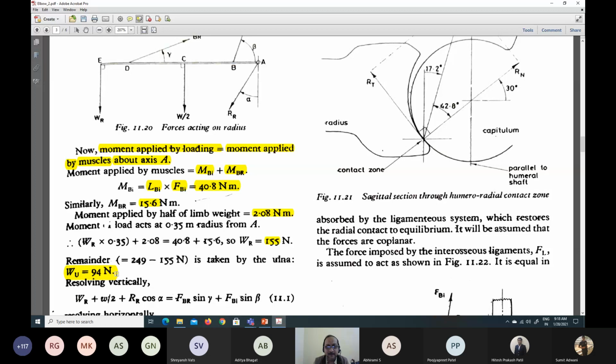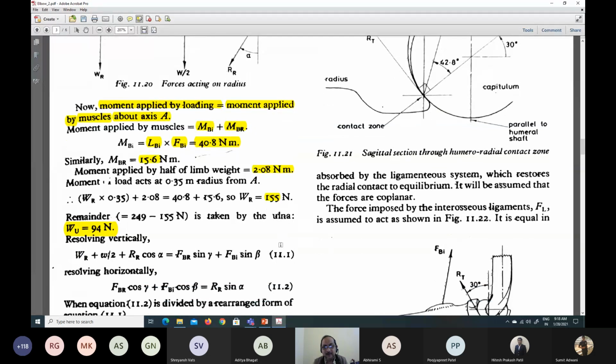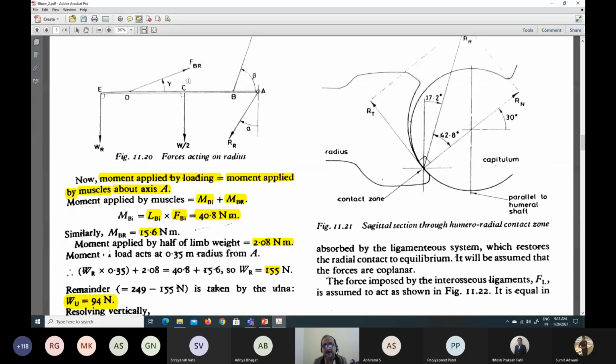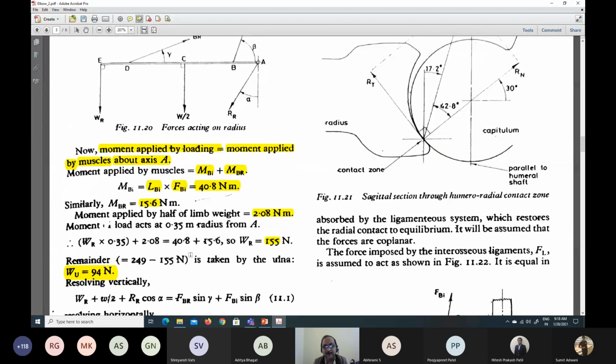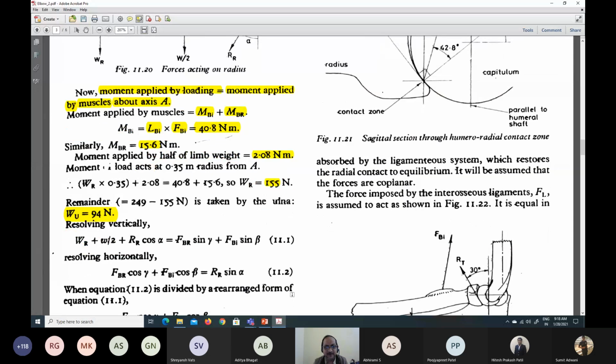So now, once we have this amount of external weight determined, carried by the radius bone, we can use the equations of statics, because this is in static equilibrium, and we can resolve it horizontally and vertically, the two equations 11.1 and 11.2 respectively.